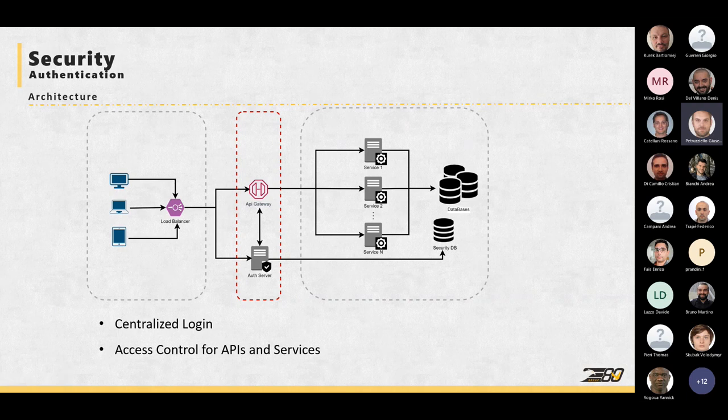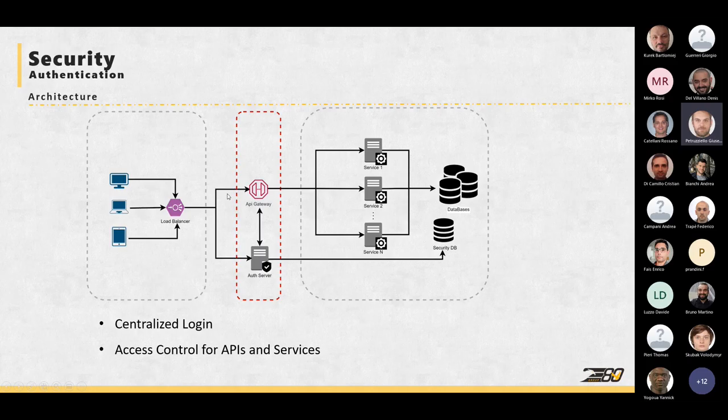In this case, if the server verifies that the user credentials are valid, access to the resource is granted. This type of solution increases security and also simplifies user management in the system.